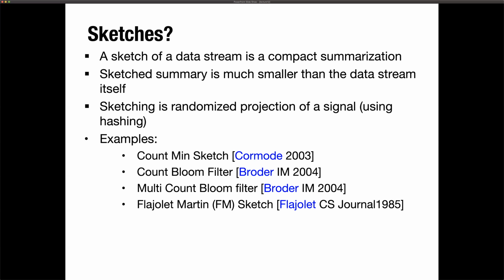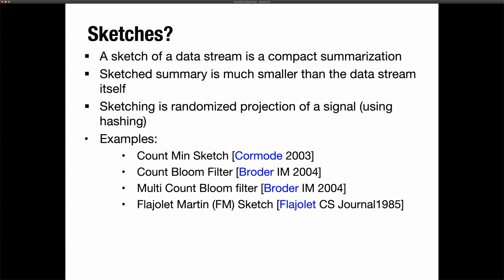This projection is done using hashing, and there are different types of sketches that have been developed over time. I'm doing a disservice to this area by just naming four, because it has been very active in computer science theory, networking, as well as machine learning these days. There's a huge spectrum of work in the space, and I'm narrowly focused on a very small subset of sketches that are very popular in the networking community.